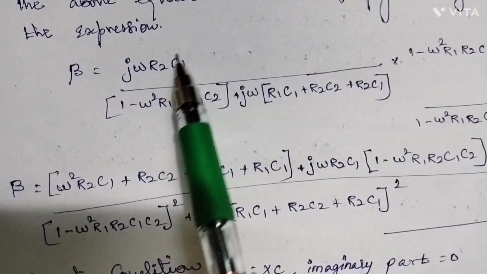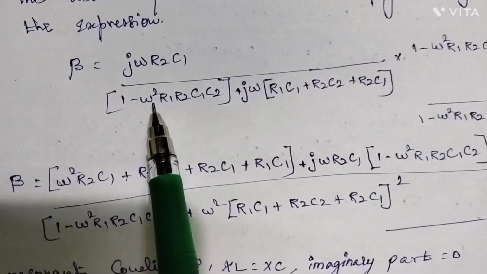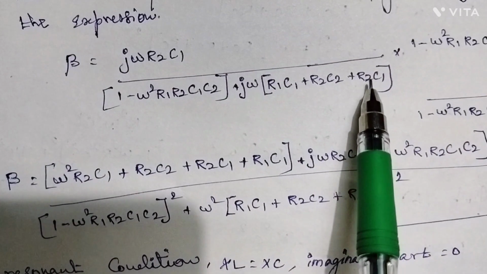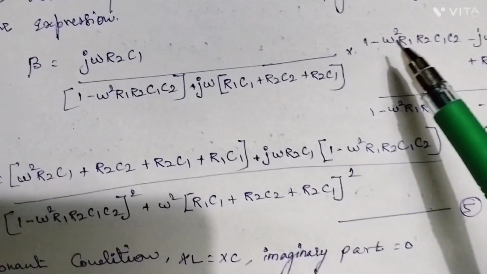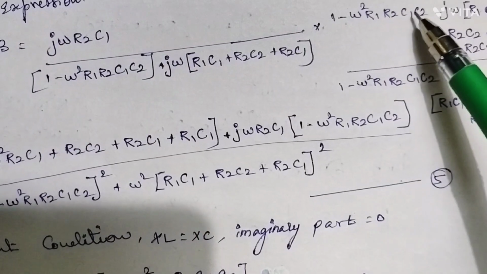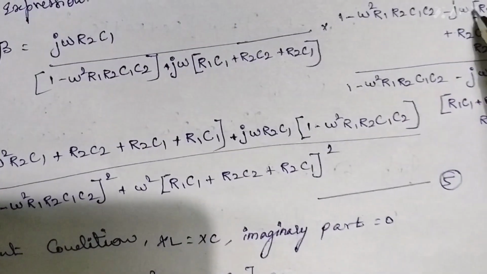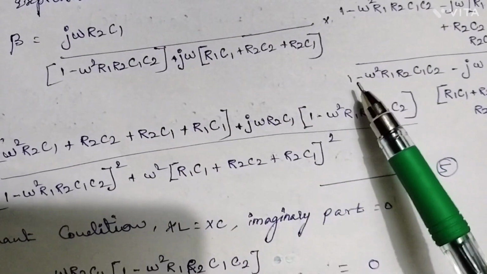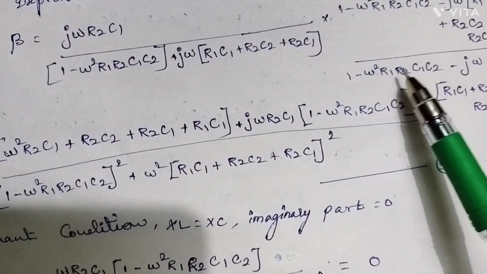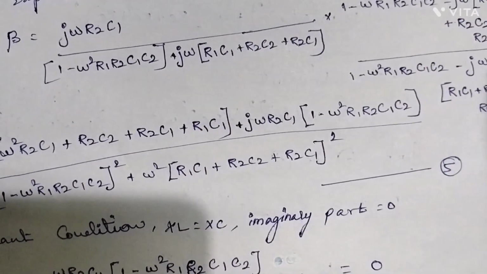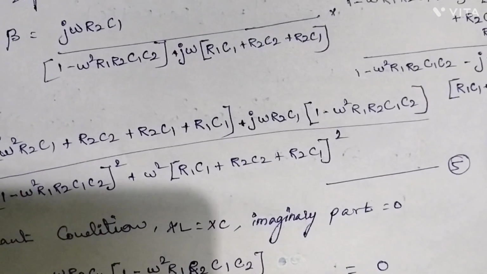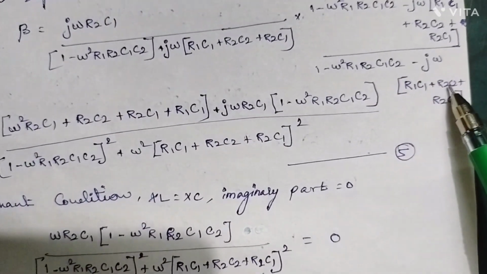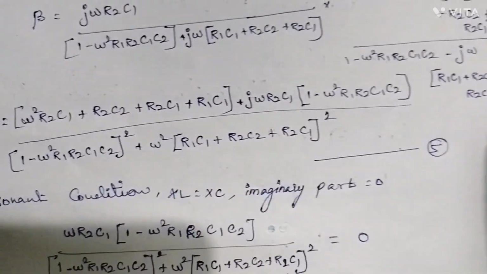So beta is equal to j omega r2 c1 divided by 1 minus omega square r1 r2 c1 c2 plus j omega (r1 c1 plus r2 c2 plus r2 c1), into 1 minus omega square r1 r2 c1 c2 minus j omega (r1 c1 plus r2 c2 plus r2 c1), whole divided by 1 minus omega square r1 r2 c1 c2 minus j omega (r1 c1 plus r2 c2 plus r2 c1).